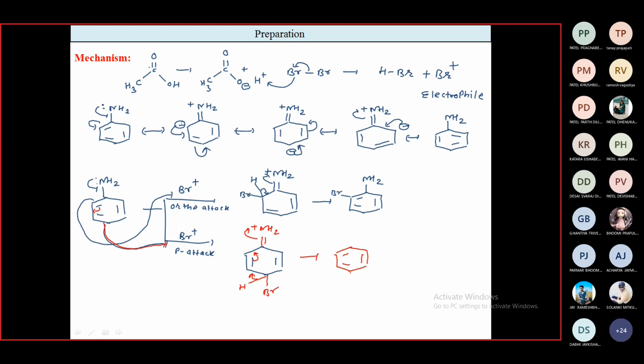By excess of bromination, you are getting tribromo derivative. Symmetrical tribromoaniline.